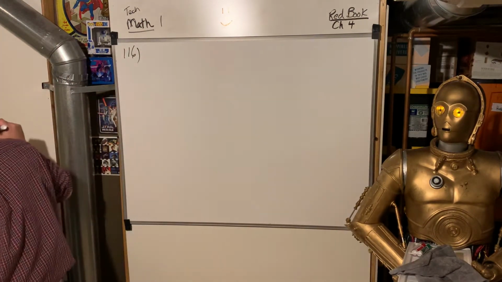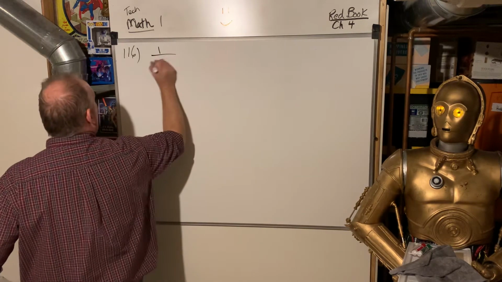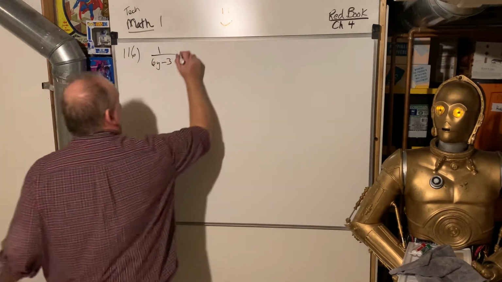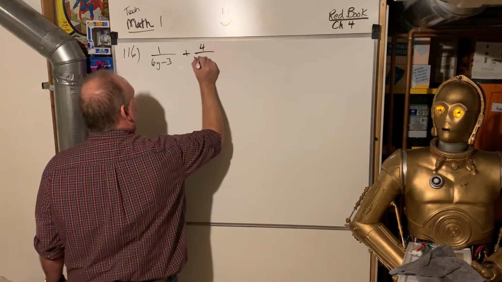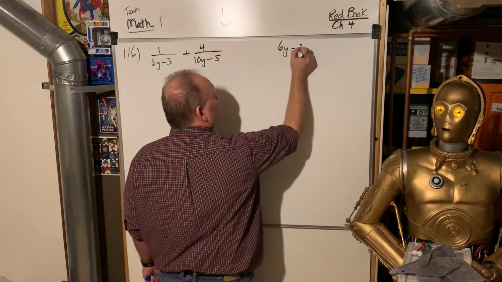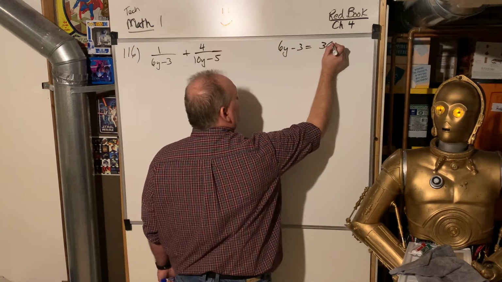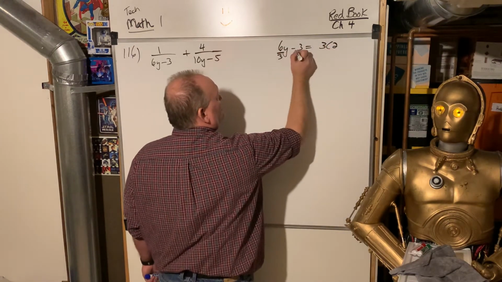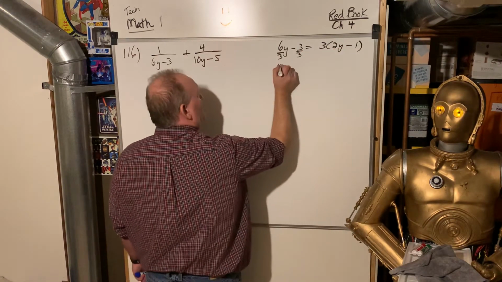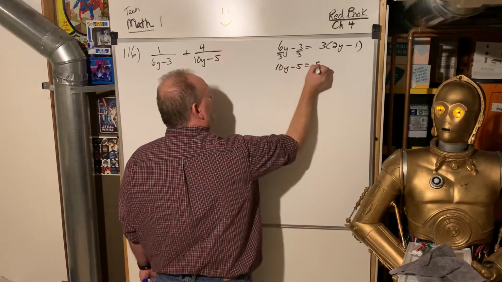And so they got 1 over 6y minus 3 plus 4 over 10y minus 5. This is a little more user-friendly. So 6y minus 3, we factor out a 3. That's 2y minus 1. And 10y minus 5, we factor out a 5.